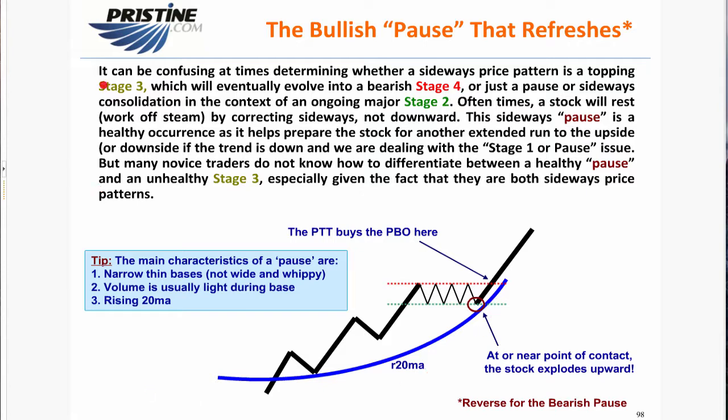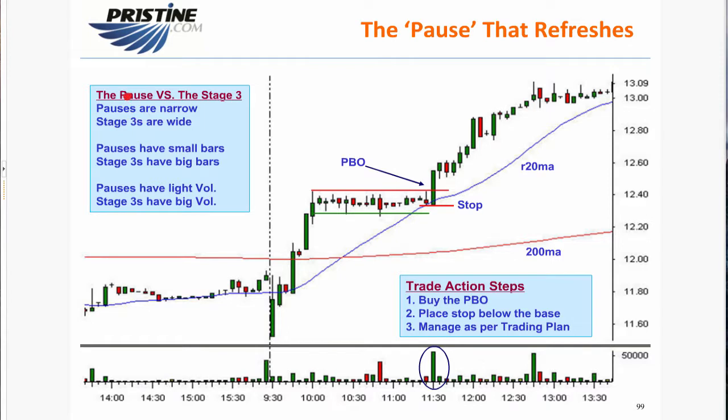Here is an example. Remember, on the upper left, you've got the pause versus a stage 3, those characteristics that differentiate the two. Pauses are generally narrow. Stage 3s are wide. You can see here, after a strong run up, you've got this tight sideways consolidation, so the bars are small as opposed to a stage 3, where the ranges are generally much wider.